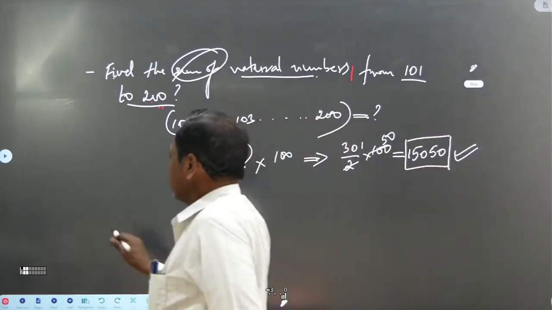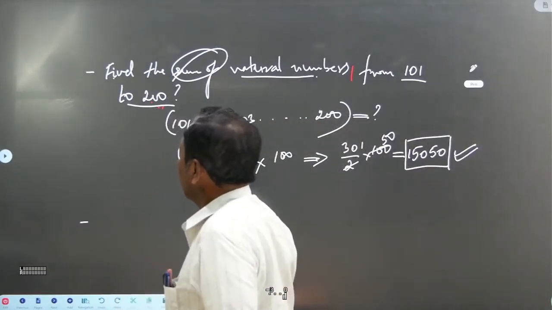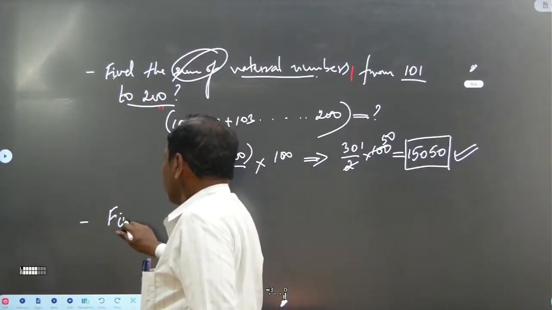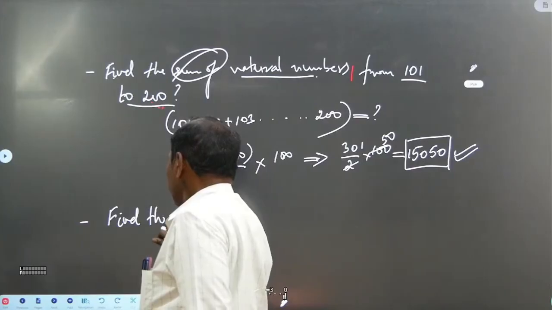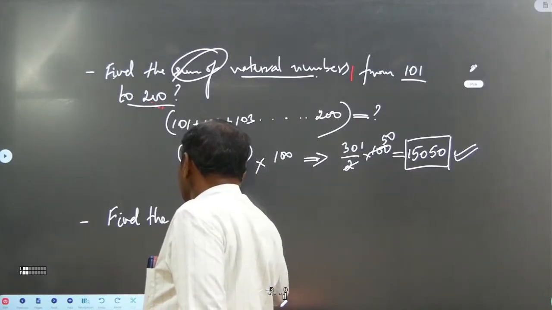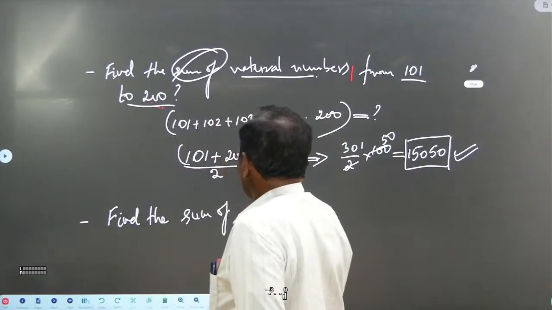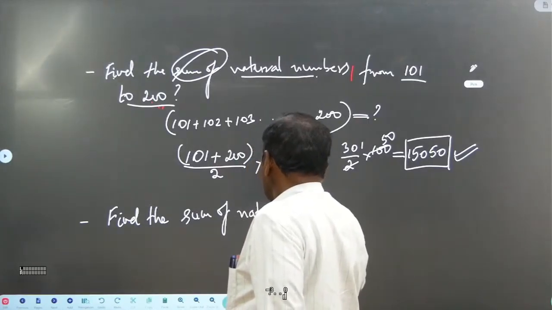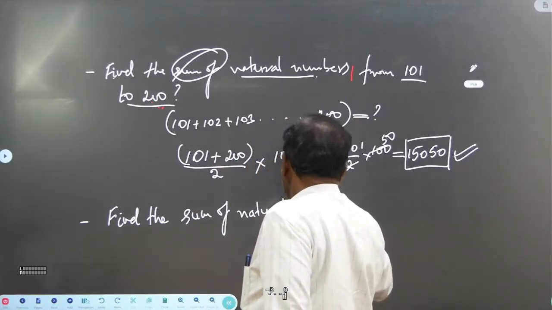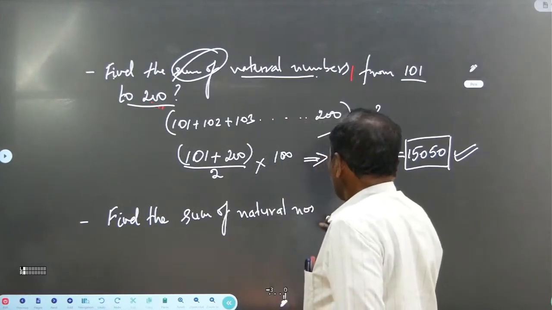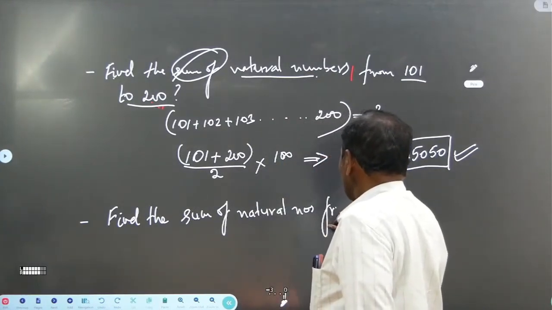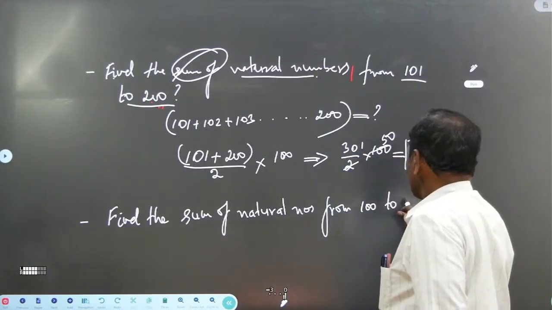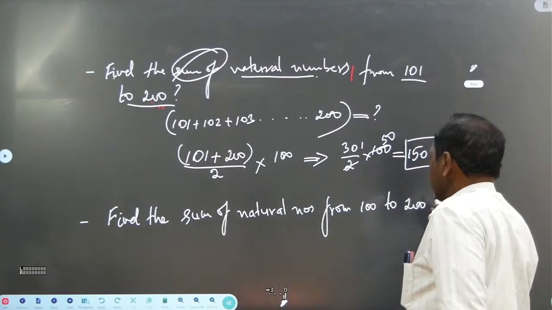Next we can take: find the sum of natural numbers from 100 to 200.